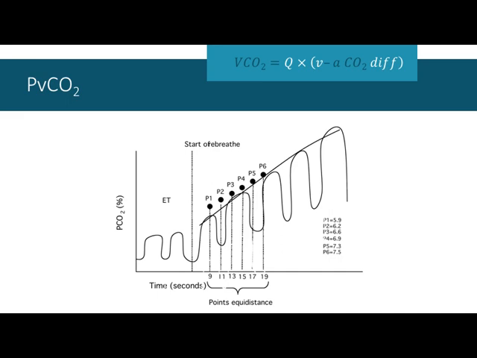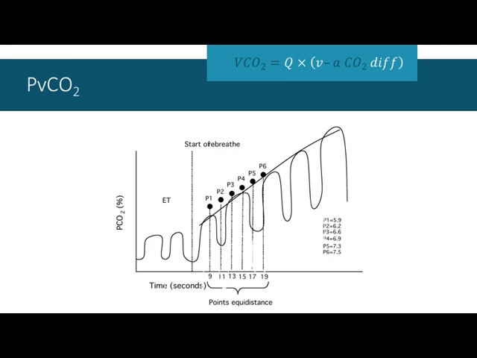And so the points, P1, P2, P3 through P6, are points along that curve that describe how quickly you're getting to equilibrium. So what you're doing as you take this data is making this curve.